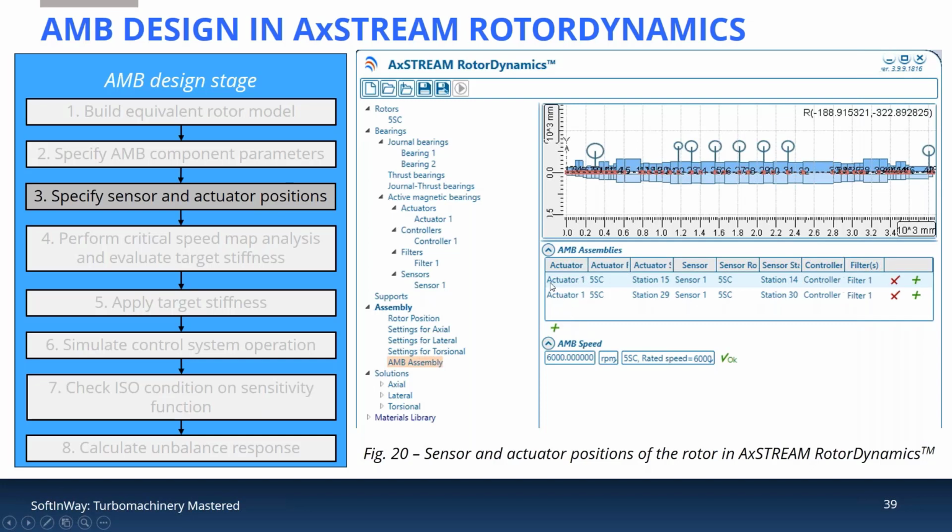Here we have only one model of actuator and only one model of sensor, but it can be included into several active magnetic bearings. But we need to specify where the actuator is located for a certain AMB and where the sensor is located. Also, we specify controller and filter models.